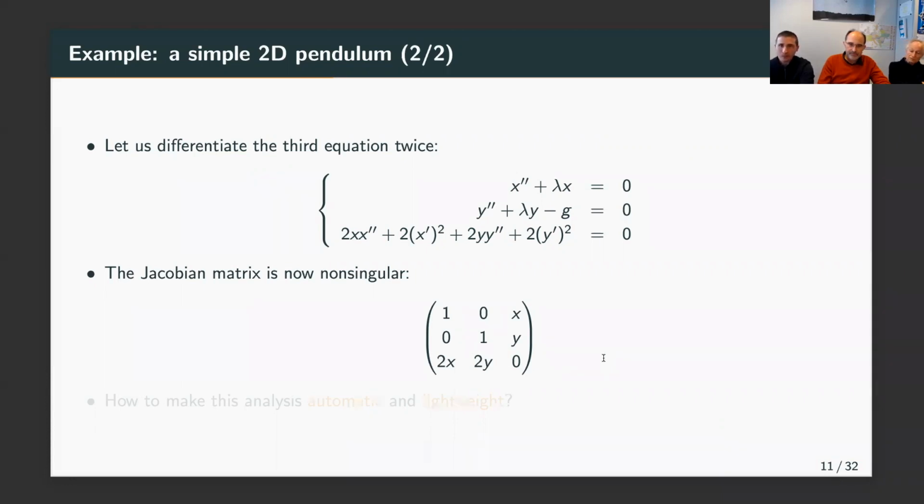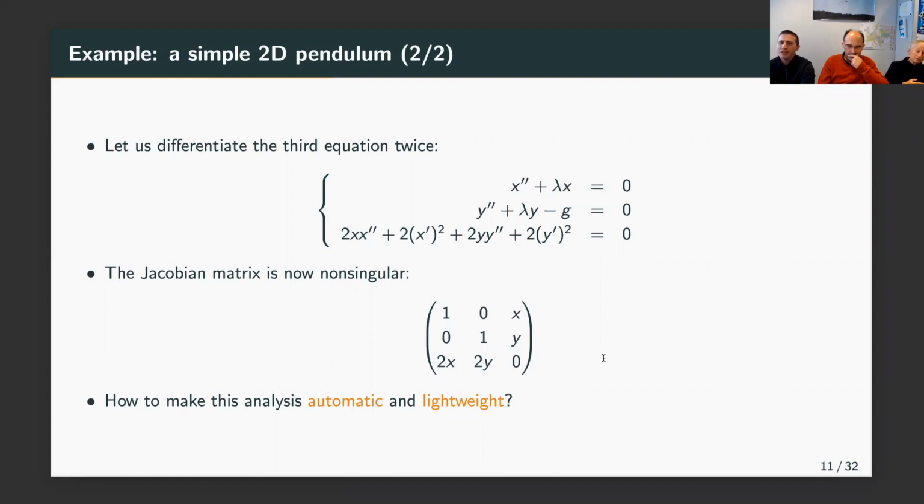And the basic idea of this analysis that is performed on DAE systems is how to differentiate in a clever way some equations so that you will get a system whose Jacobian matrix is non-singular. The question that holds now is how to make this automatic. What algorithms can you find in order to perform this analysis?